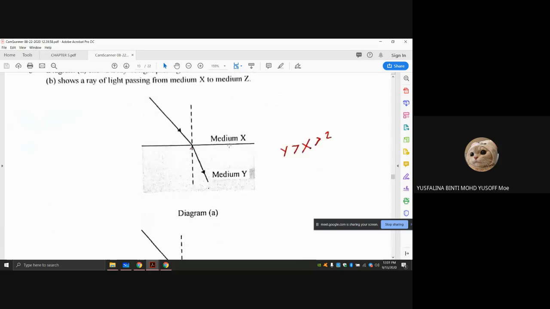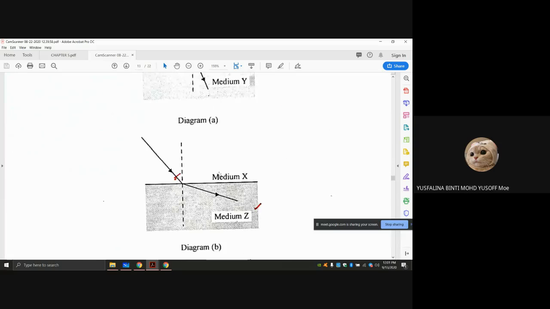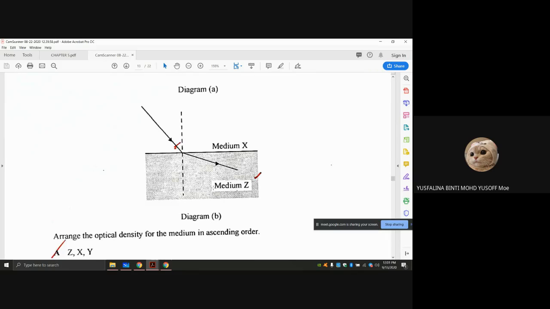You can see here X and Z. This one refracts towards the normal, so X is less dense and this one is denser. For Z, you can see it refracted away from the normal, so this one goes from denser to less dense.